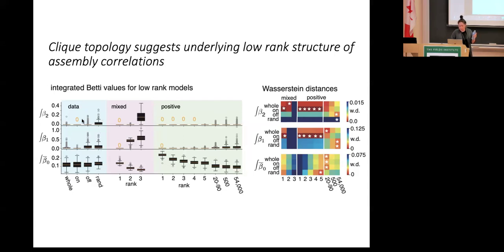But what we're really interested in is the true assemblies and what's happening during activations. And what we see is we have the best fit of these assemblies to the positive low rank null models. So that's how we use the integrated Betti numbers to do statistics via things like Wasserstein distance between the distributions to make these claims.